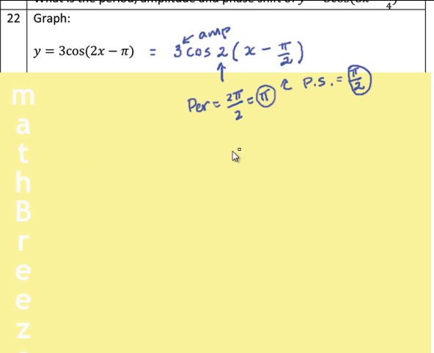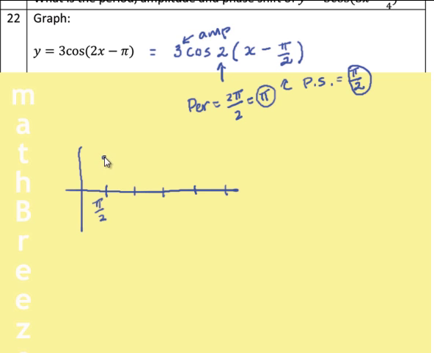Now, we're going to start our graph at the phase shift, at pi over 2. So the phase shift is positive, so we're going to the right. Pi over 2 to the right, so let's say this is pi over 2 right here. And we'll draw our basic cosine graph. All right, let me divide the axis into 4 equal parts.